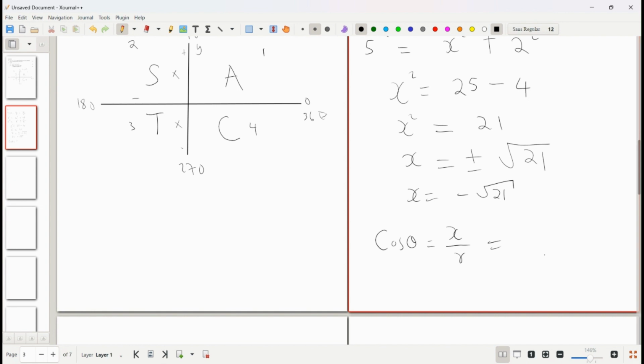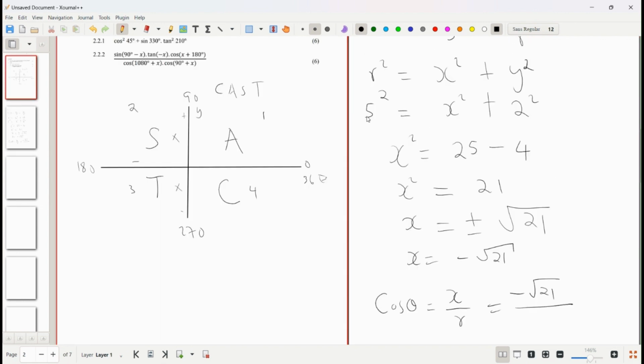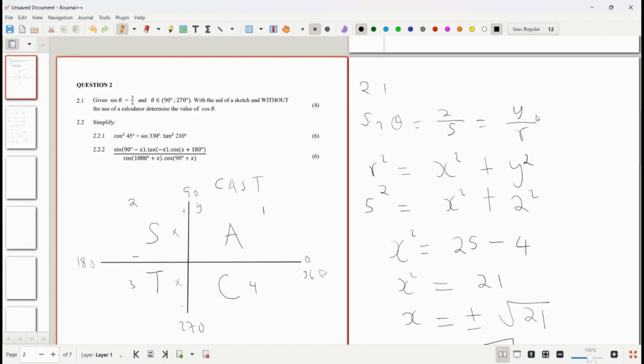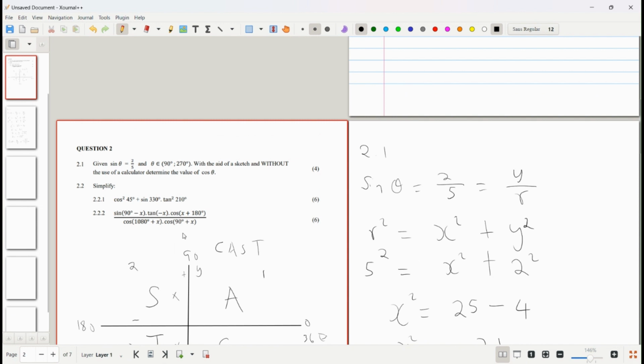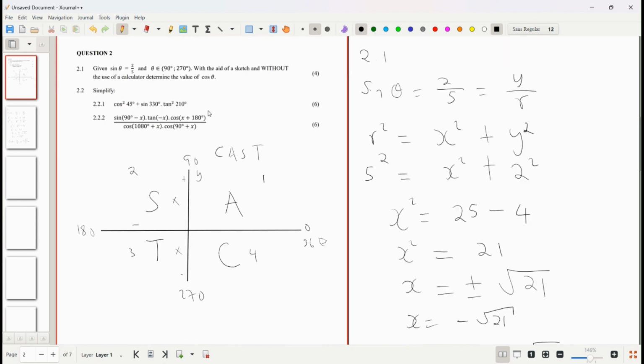We calculated the adjacent, which is negative square root of 21, divided by r, the hypotenuse, which we know is 5. So cos theta is negative square root of 21 divided by 5. We have calculated the cos theta that they want us to calculate here.